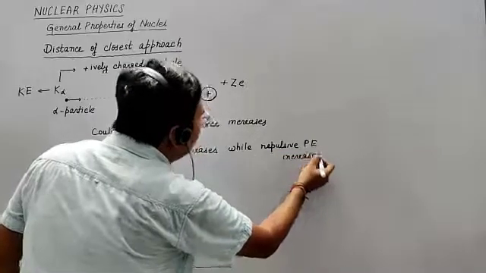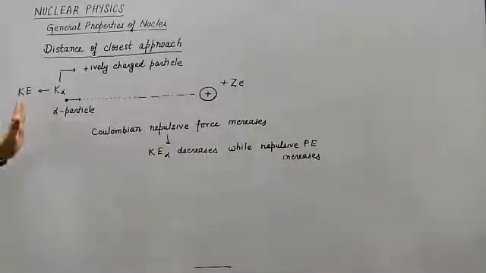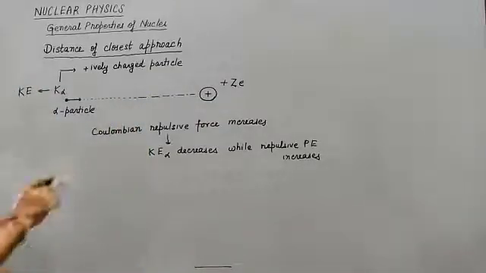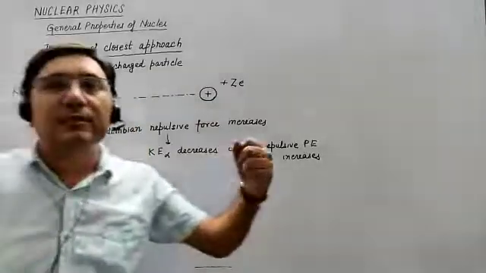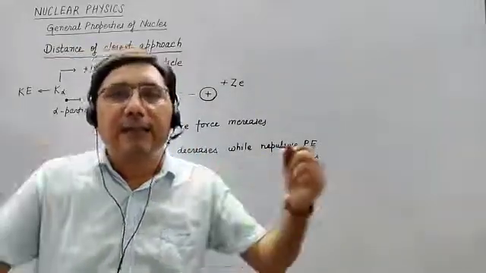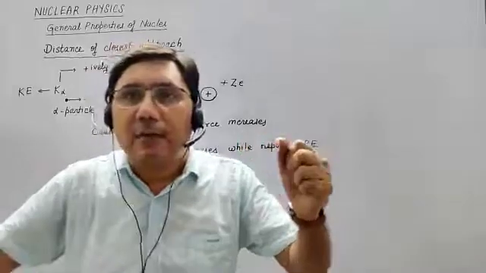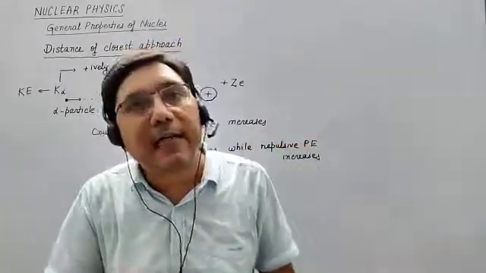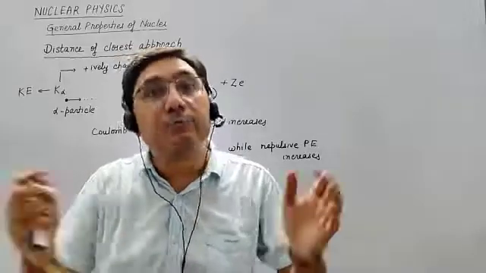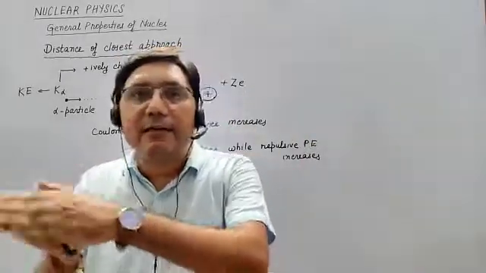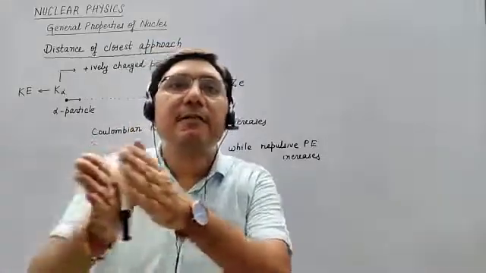So what is happening here? When alpha particle is moving towards the positively charged nuclei, a Coulombian force is acting between them. They are repelling each other. The alpha particle is moving against this repulsive force, as a result of which its kinetic energy will decrease.